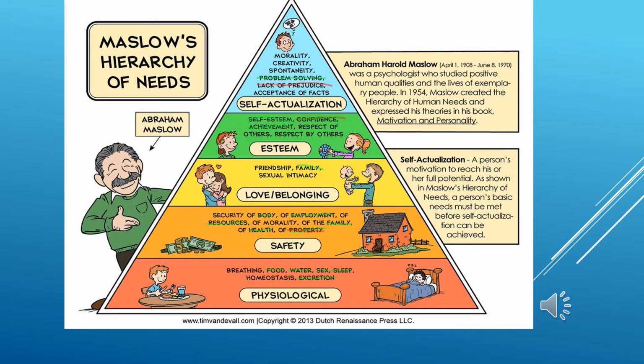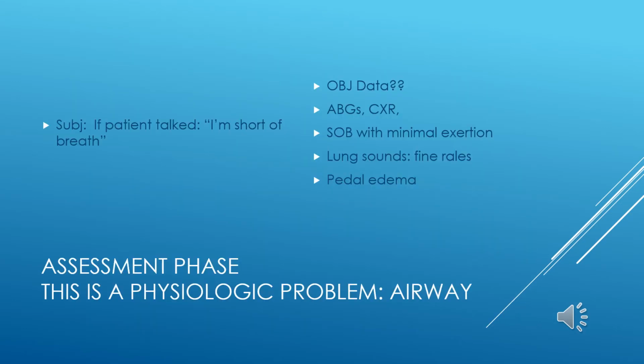The number 1 problem has to do with airway in this patient. So we know this is an airway problem. It falls in the physiological. The physiological part of Maslow's contains many areas of the body like airway, elimination, neurological, mobility, and nutrition.